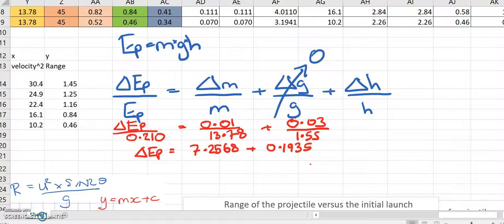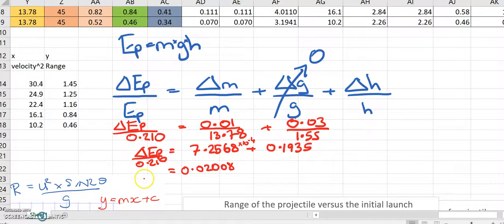Now if I add those two answers together, 7.6 by 10 to the minus 4 plus 0.1935, that is equal to 0.00208.